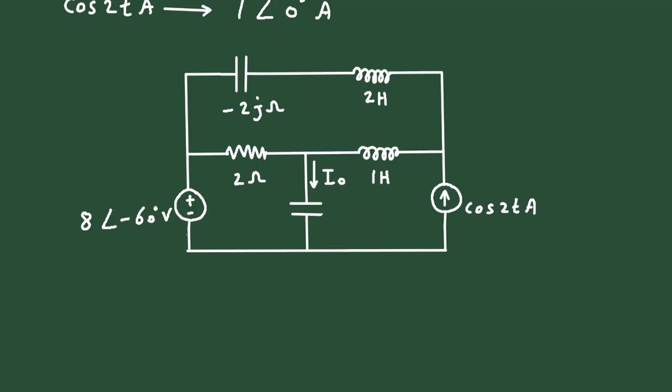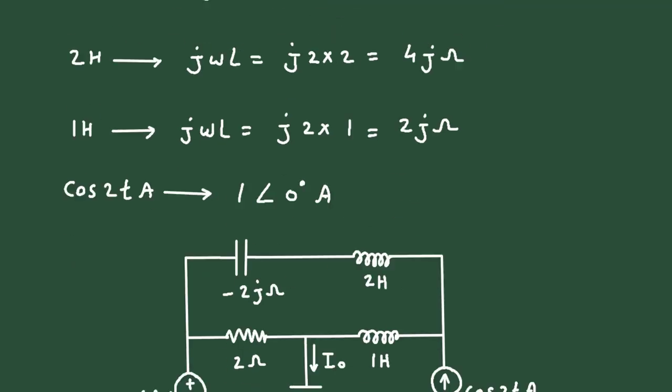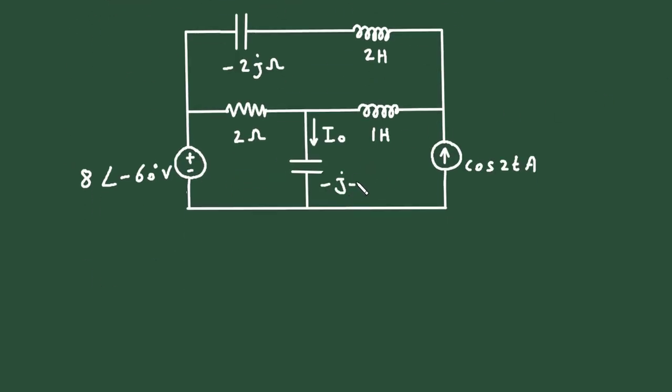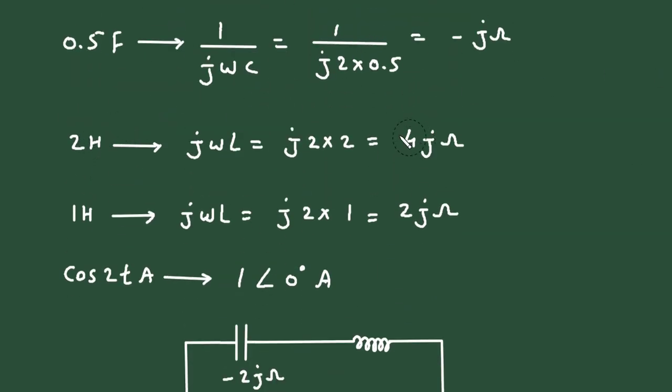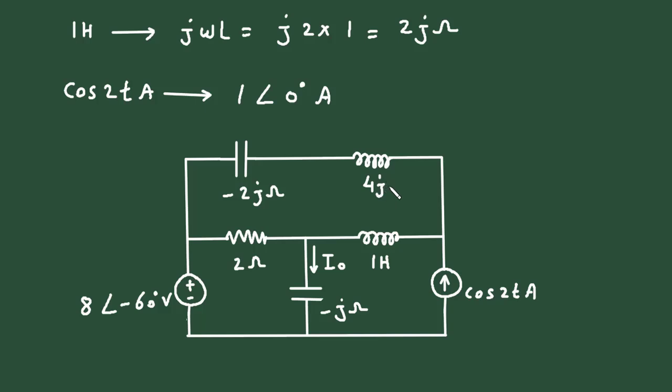This 0.5 farad will change to minus j ohm. This 2 Henry will change to 4j ohm. Then this 1 Henry will change to 2j ohm. Then this cos 2t ampere will change to 1 at an angle 0 degree ampere. Now these values are in phasor domain.